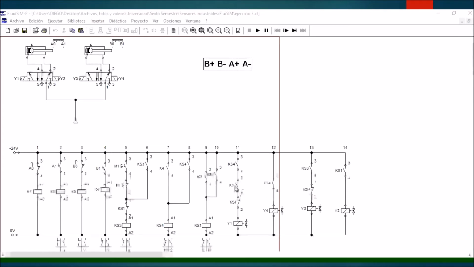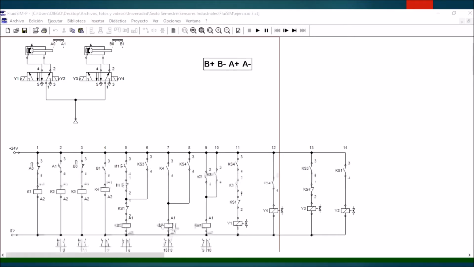When the cylinder is in this position, this circuit closes and energizes this relay, and this interrupter closes.